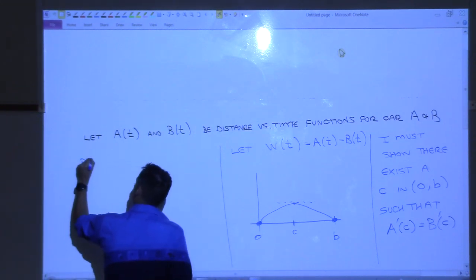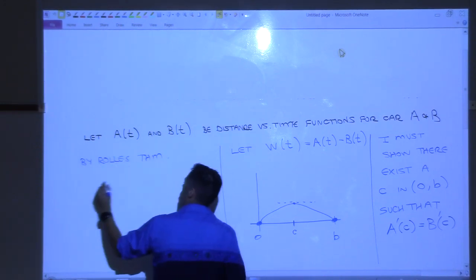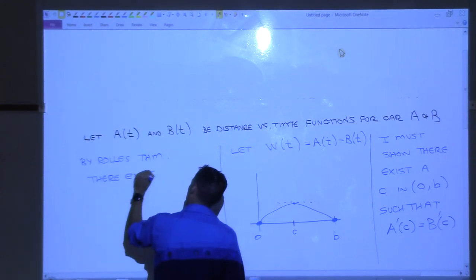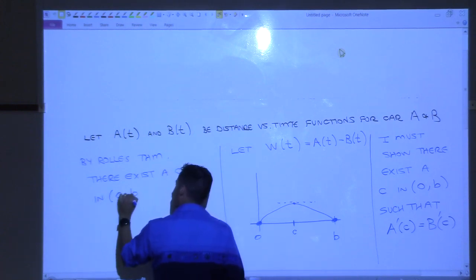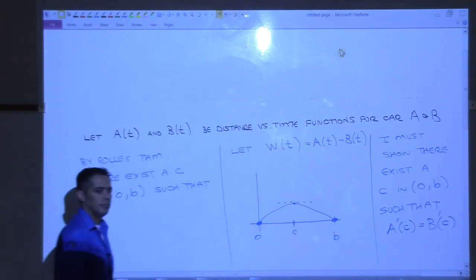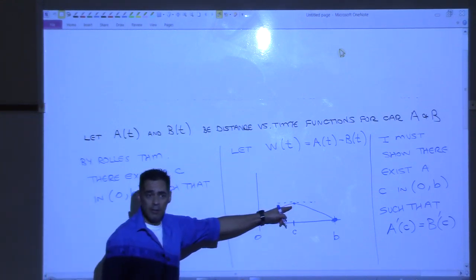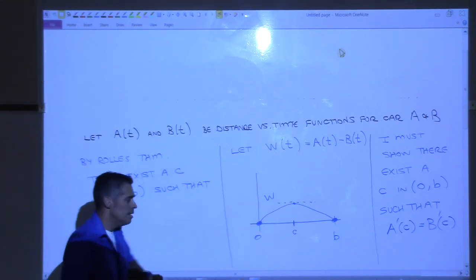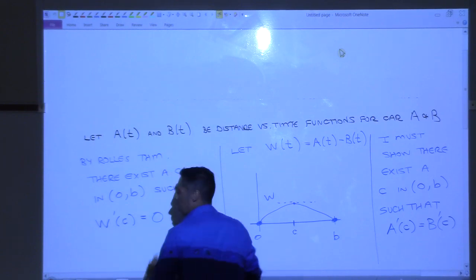By Rolle's theorem, there exists a C in the interval 0 to b such that the derivative here is what? 0. The derivative of what function? This is the W function, right? Such that the derivative of W at C is equal to 0.